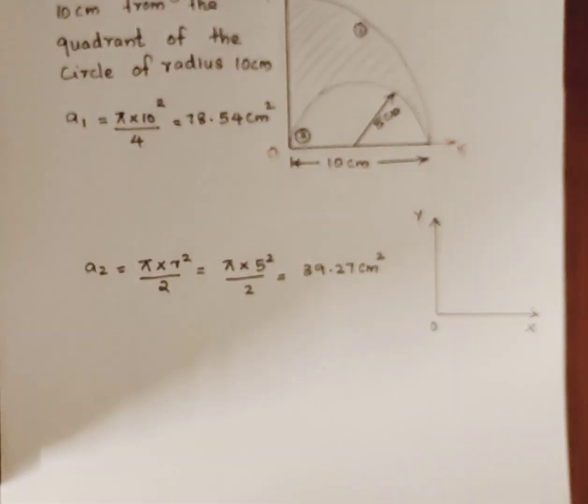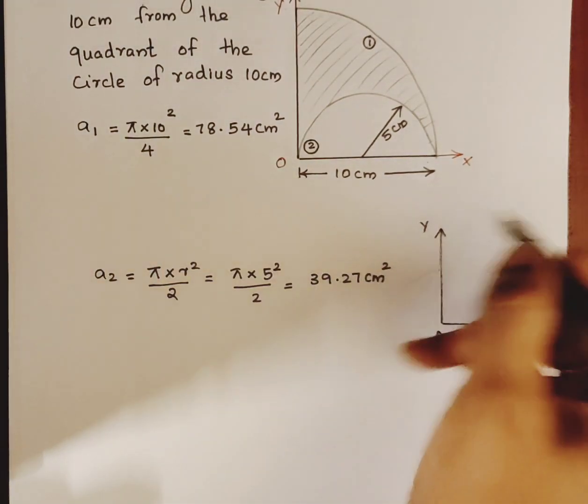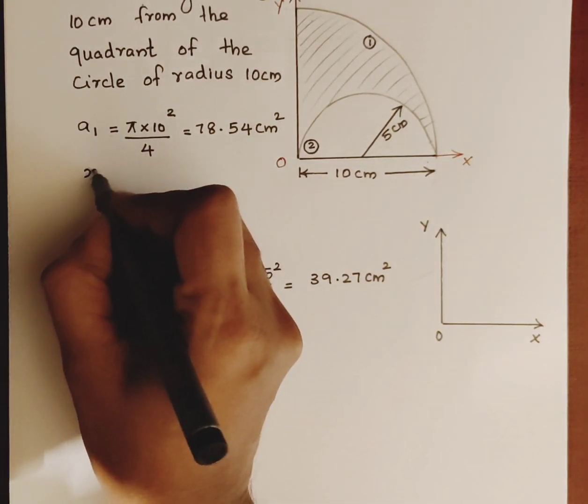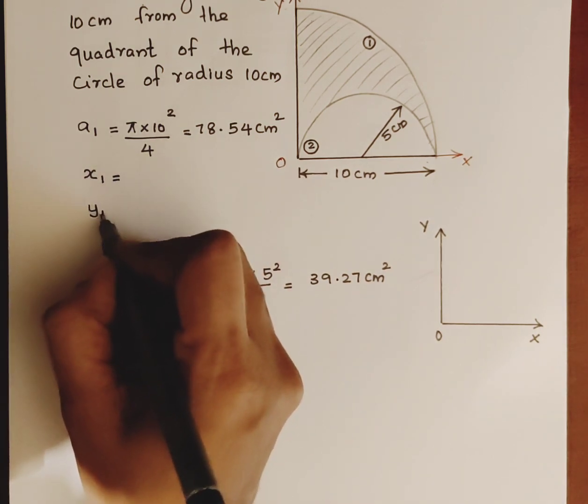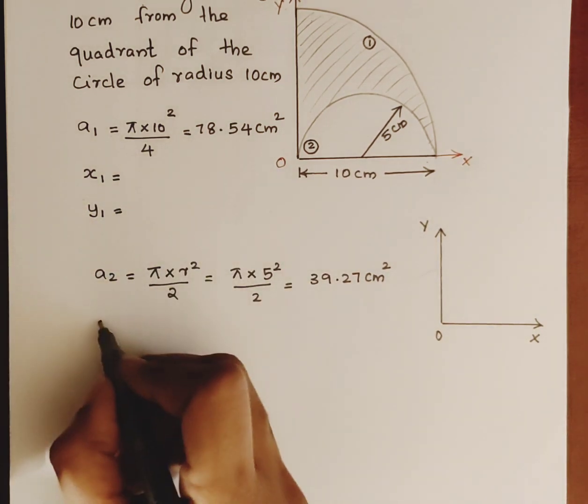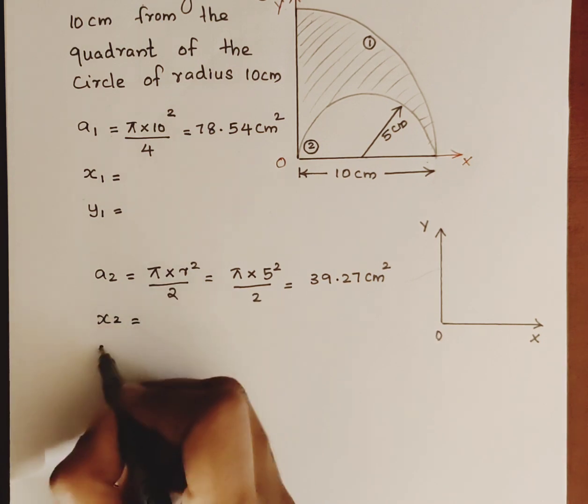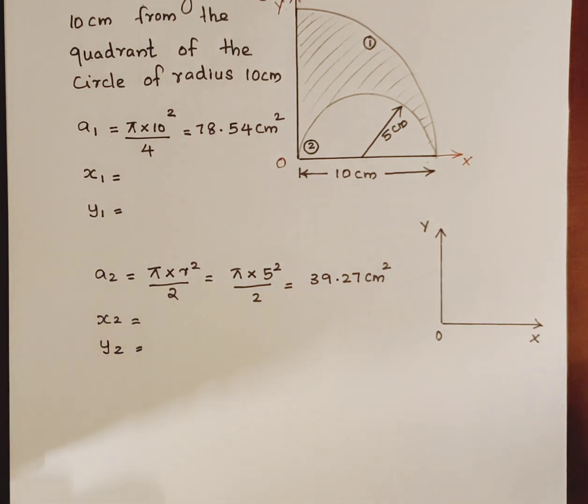So next step is you have to calculate the position of the centroid x1 and y1. Then you have to calculate x2 and y2.